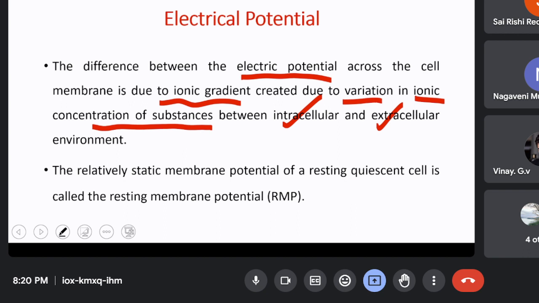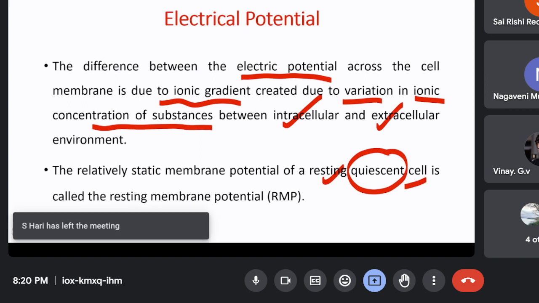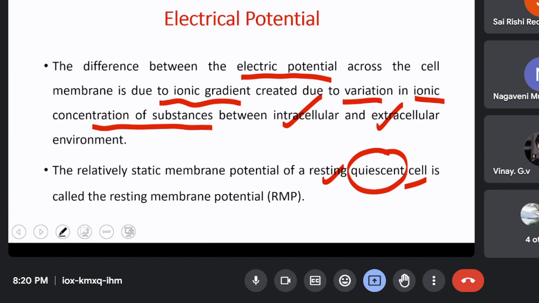This is the relatively static membrane potential of a resting, quiescent, that means unstimulated, cell. So this resting unstimulated cell is what we call the resting membrane potential.